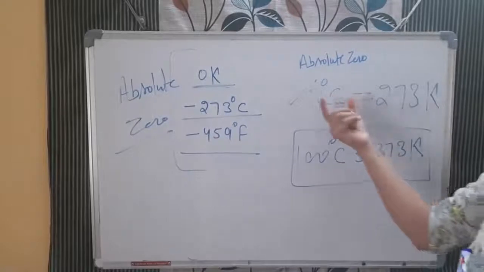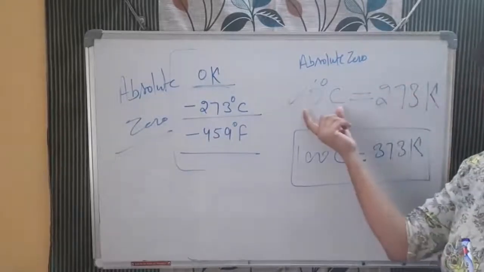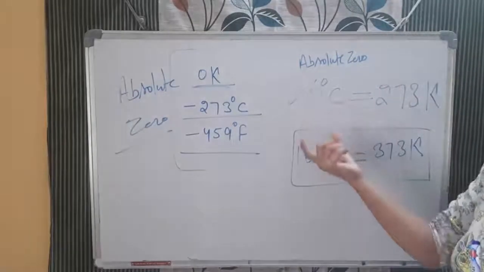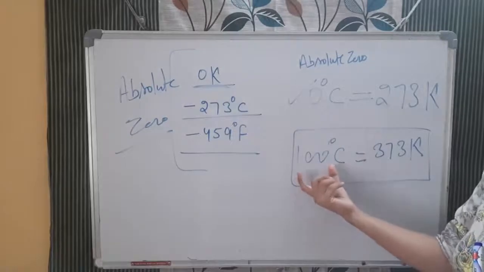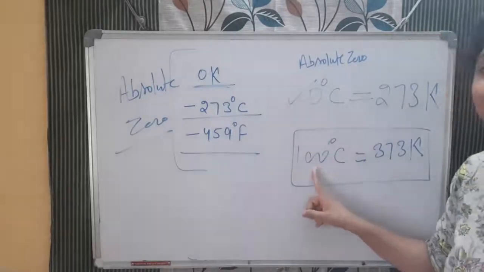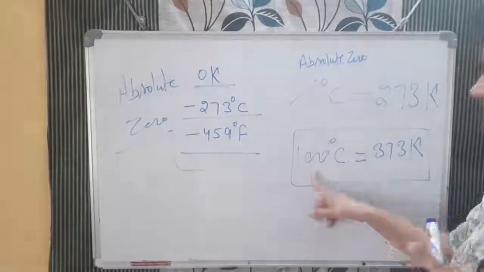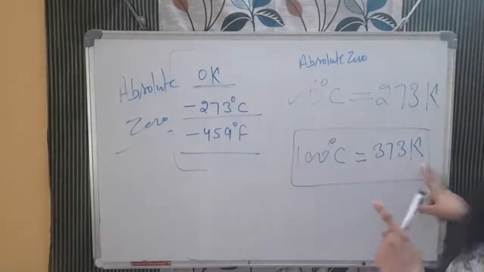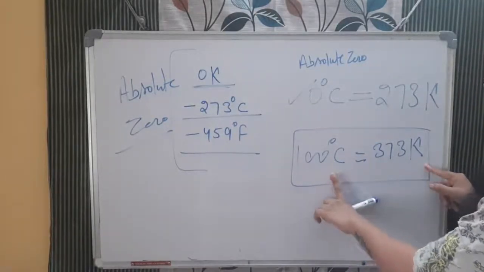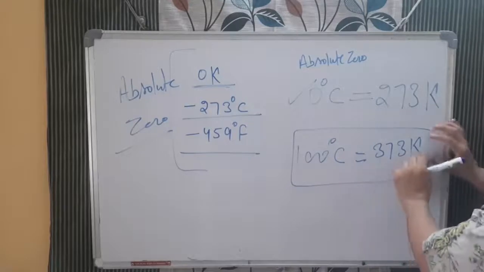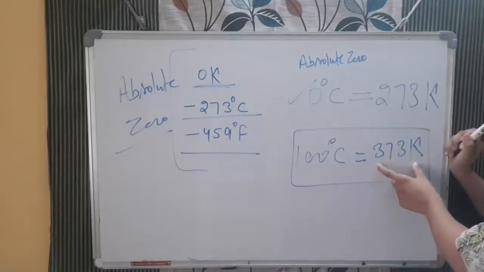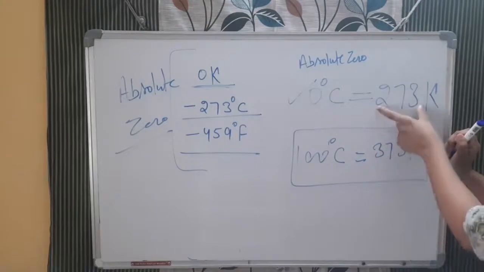For example, degree Celsius to Kelvin, add the value. When you are calculating from 0 to 100, you need to add 273 to it. But if I say calculate 373 Kelvin into degree Celsius, what do you need to do? You need to subtract 273.